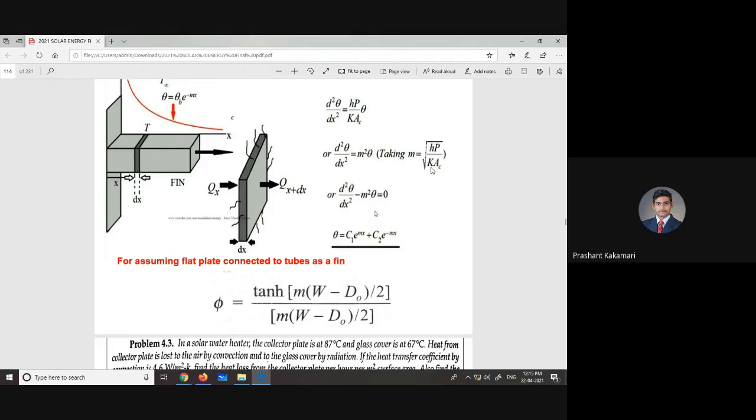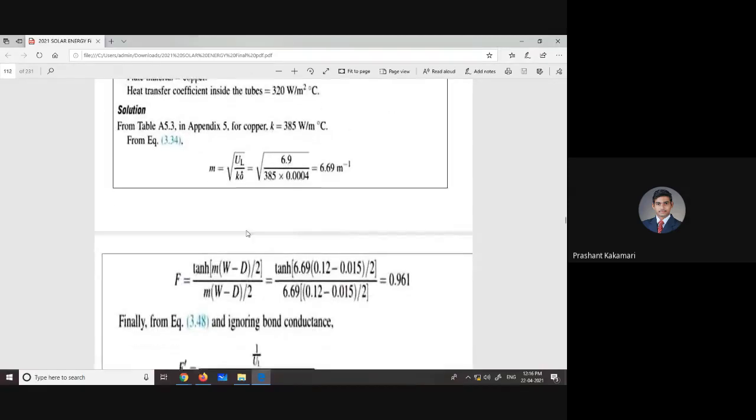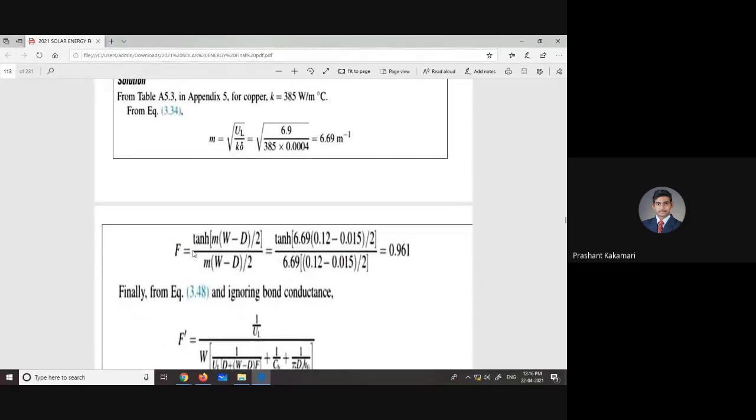They have taken K value, and Ac is area of the cross section, or this area where the heat transfer is taking place through the pin fin. That is Ac. So these some of the parameters are given already in the problem. So I'll find out m because m is required for finding efficiency of the fin.